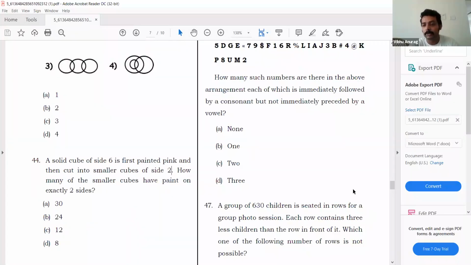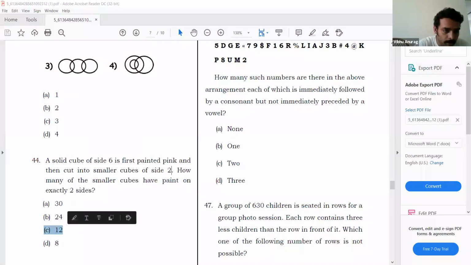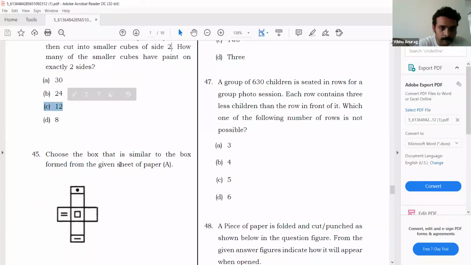That is 12 times n minus 2. Here my n is 3, so n minus 2 is 1. 12 into 1 is 12. So 44 should be C, 12. Did you get C for 44?